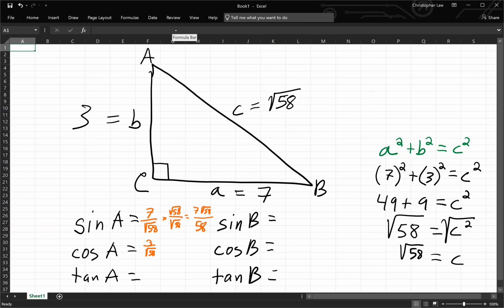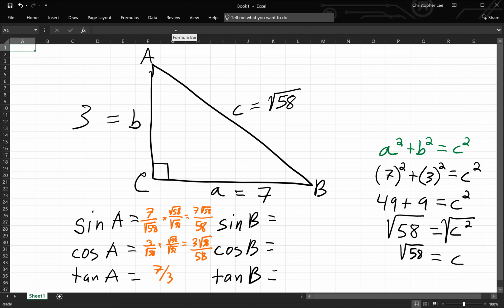I've got to rationalize that, so I'm multiplying by what? Very good. Over square root 58. What does that equal? Very good. Over 58. What about tan of A? Exactly, 7 over 3.